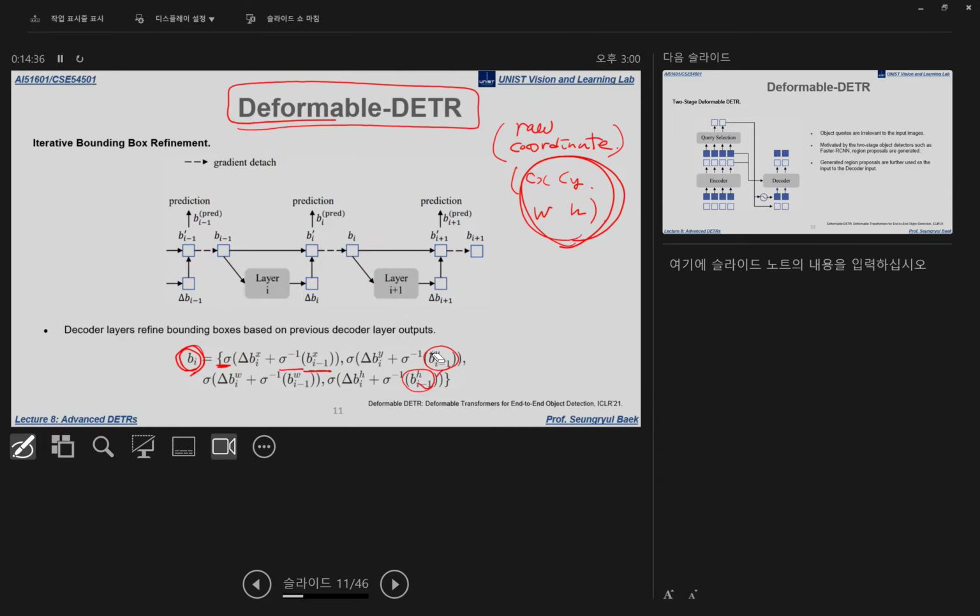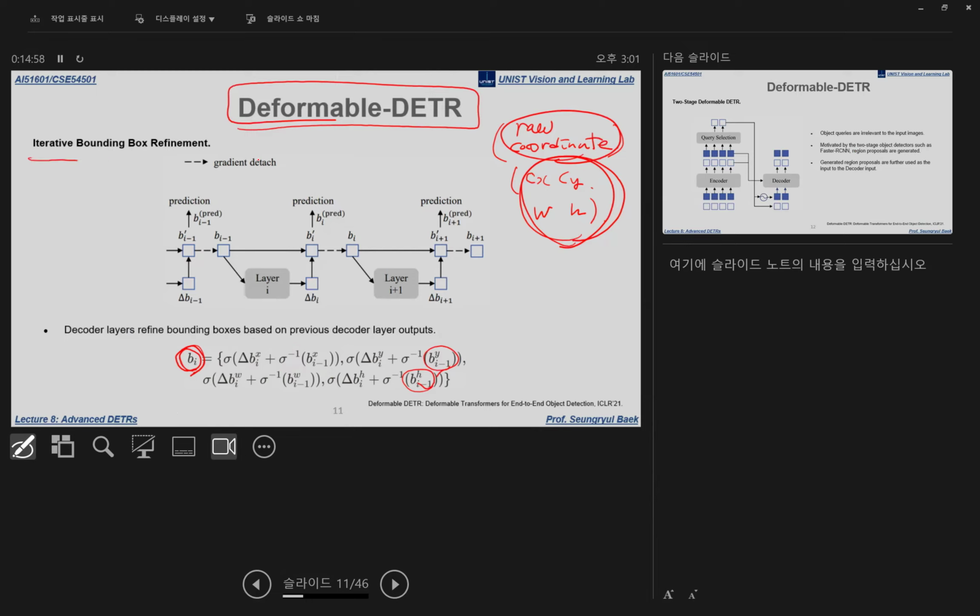By doing this, they can make the overall process more stable. So they only estimate the residuals, not the coordinates of the bounding boxes themselves.